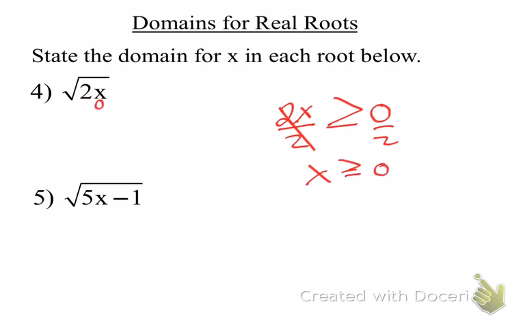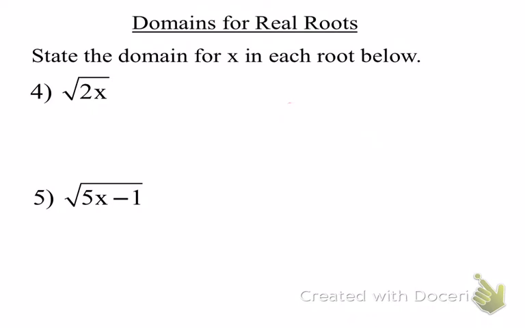So it can be 0, it can be 1, it can be 2. Anything 0 or greater will make it a true statement. Does that make sense? So for that one, x is an element of the reals, and x must be greater than or equal to 0.